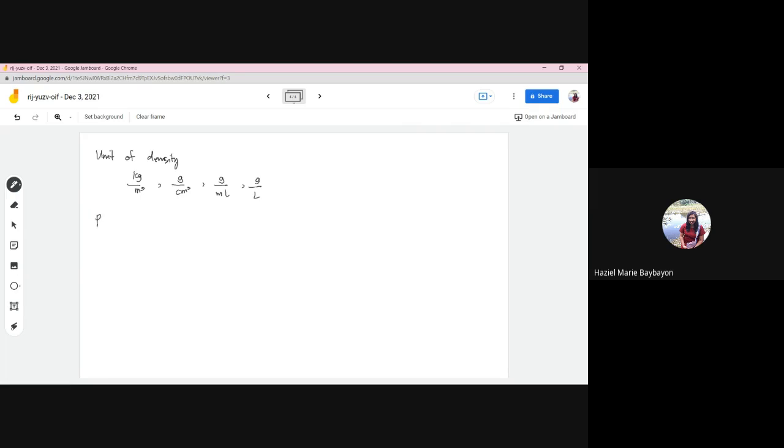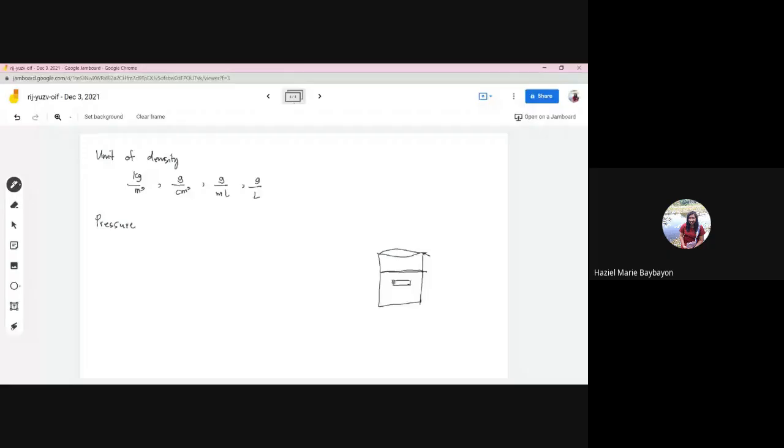So we will go to pressure. So for example, class, if there is a fluid here, say for example, water, if you have an object, it will feel pressure.